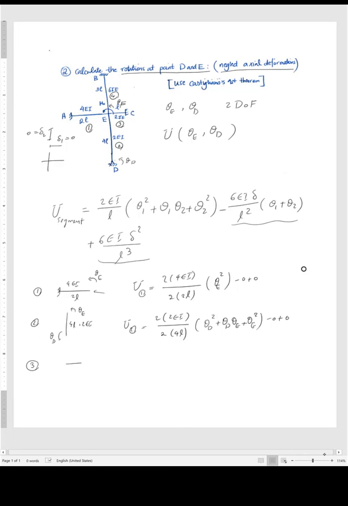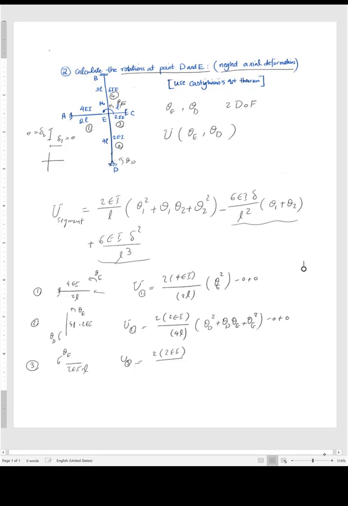You have this little member, which only has theta E, so U3 is 2 times 2EI over L. Oh, there's no 2 in the template equation here, so please correct these 2's.